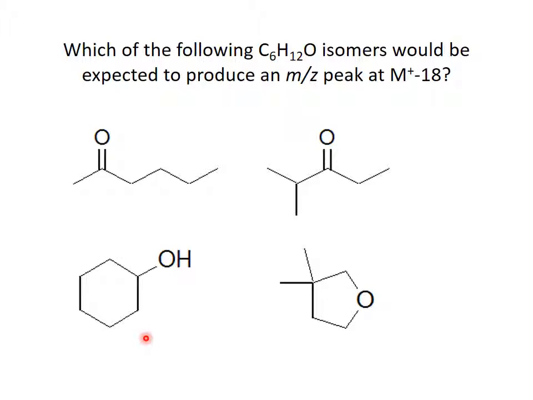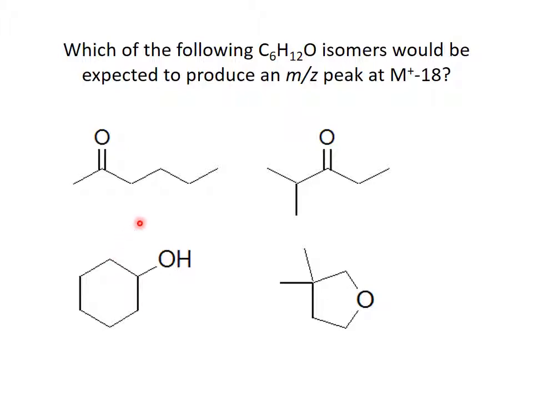We're looking, though, at minus 18, so the loss of a mass of 18. Mass of 18 should ring a bell of water for you. Which one of these can eject water?